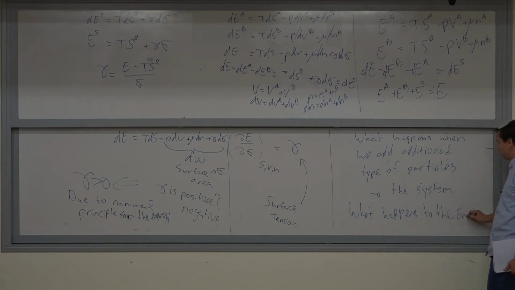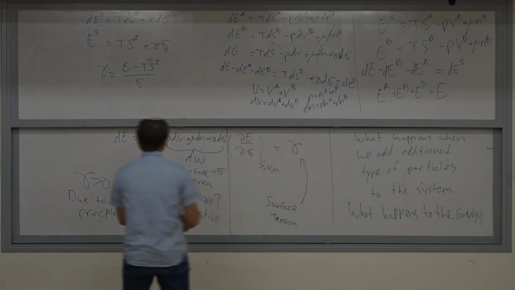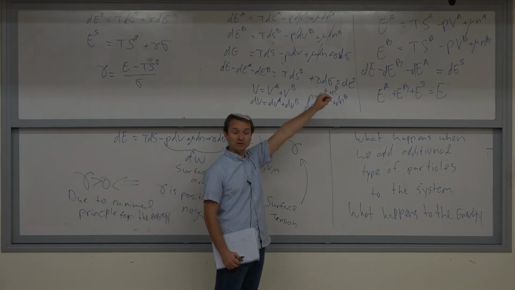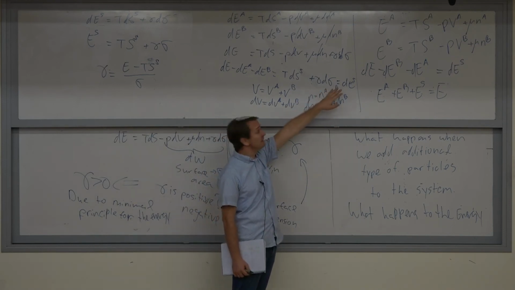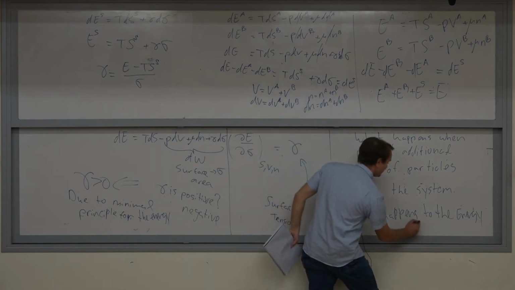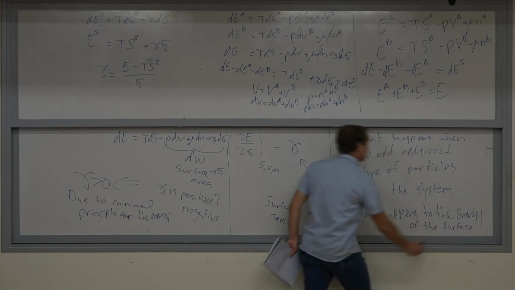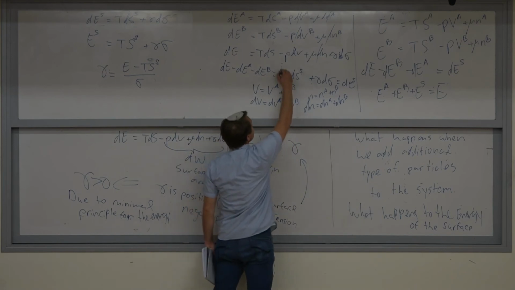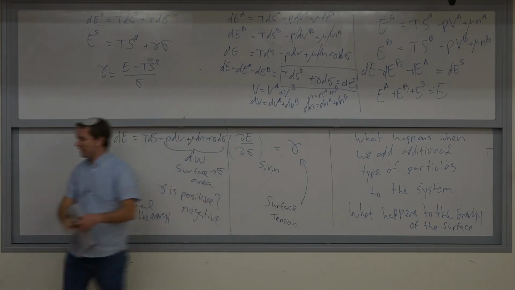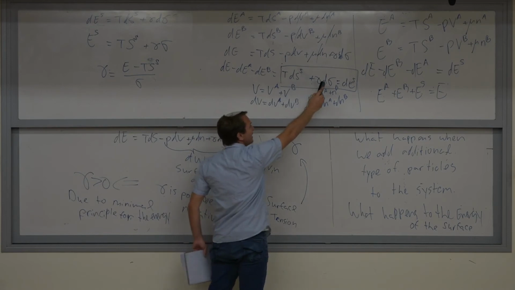To the energy. So remember, for the energy we obtained that when there is only one type of particles, or two systems basically, the energy of the surface depends only on the entropy of the surface and the area of the surface.